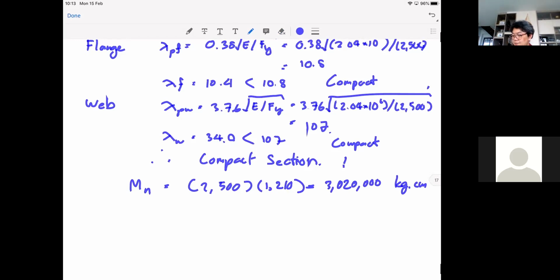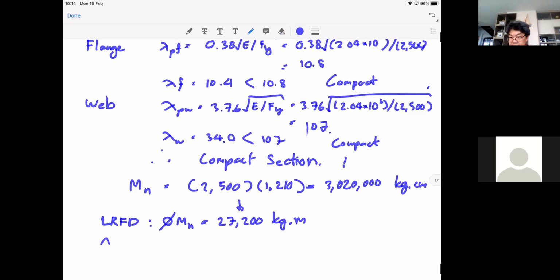Okay. So this LRFD, it is VMN, right? So you multiply that by 0.9 and I change the unit. So in the end, turns out to be 27200 kilogram meter and divided by 100.